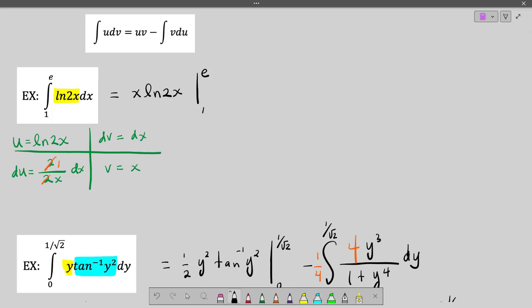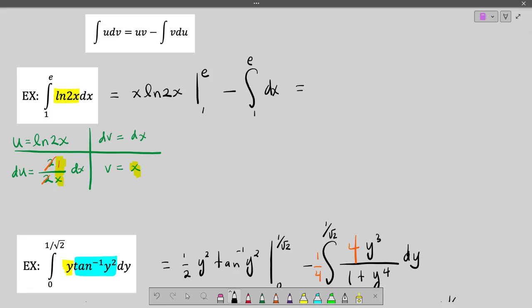So that's the first part, uv, minus the integral of v du. V du is the bottom row, so we're multiplying 1 over x by x, and we get just 1, so 1 times dx. And this has limits from 1 to e.